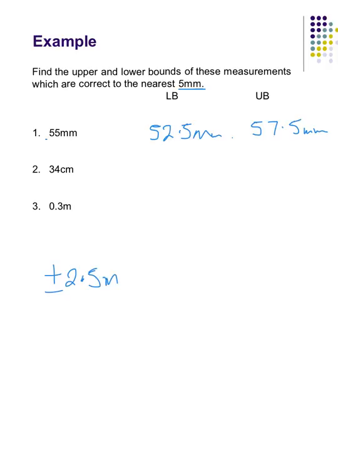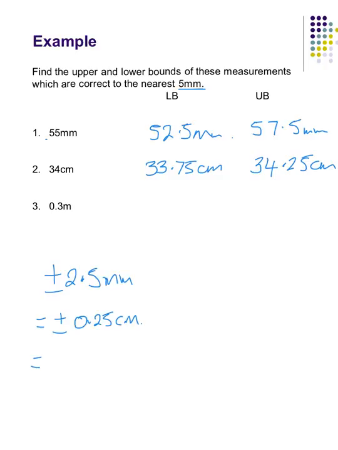You might find it easier, if we're adding or subtracting 2.5 millimetres, that's the same as adding or subtracting 0.25 centimetres. So here, 34 centimetres minus 0.25 centimetres will give me 33.75 centimetres, and my upper bound will be 34.25 centimetres.